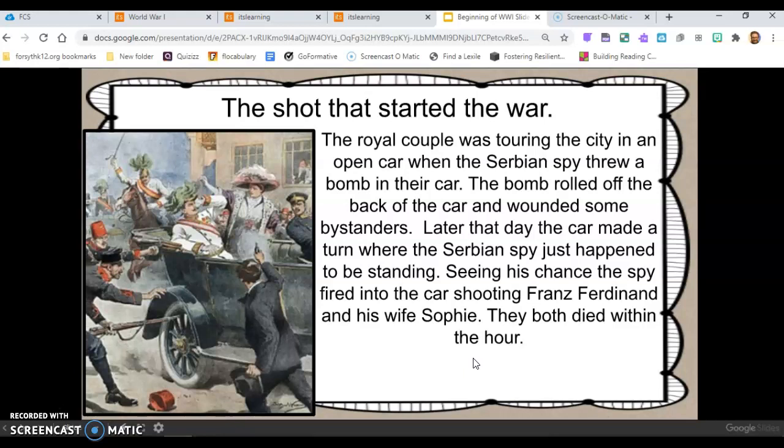But later on, the car actually turned into a spot where the Serbian spy was just standing. And so they took that opportunity to shoot Franz Ferdinand and his wife, and they were sadly killed, which obviously elevated the tensions between Serbia and Austria-Hungary to a new higher level.